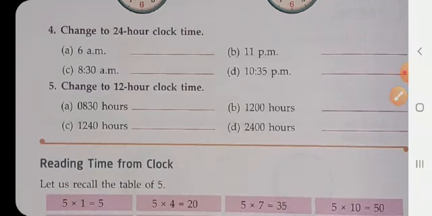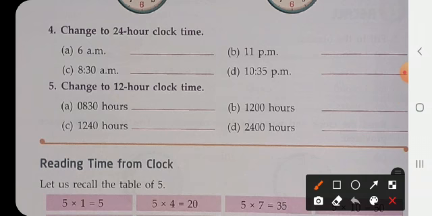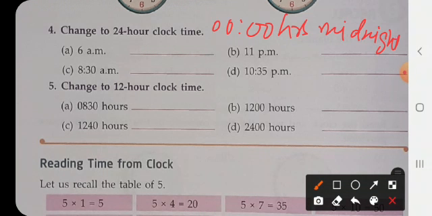Now coming to changing to 24-hour clock time. Now 6 a.m. The clock starts at midnight, that is 0000 hours, which is called midnight. From here we start the counting till night.